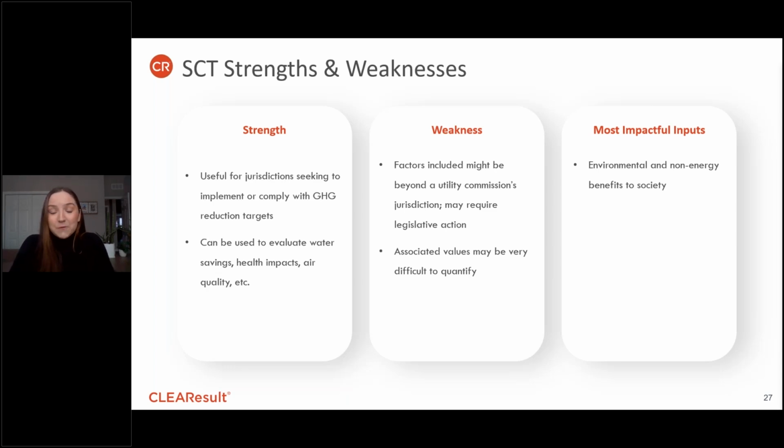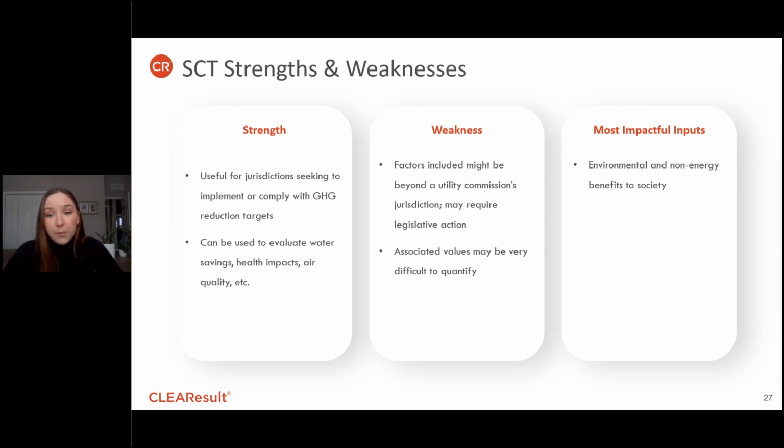It can be very difficult to put a value on health, on comfort, or air quality. So this can be a little bit more difficult to quantify, and also a little bit more time consuming in terms of the length of time it takes to get to the decision of what that value is actually going to be.